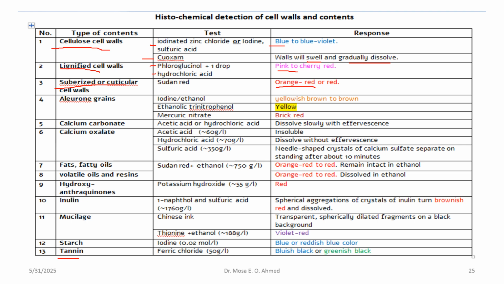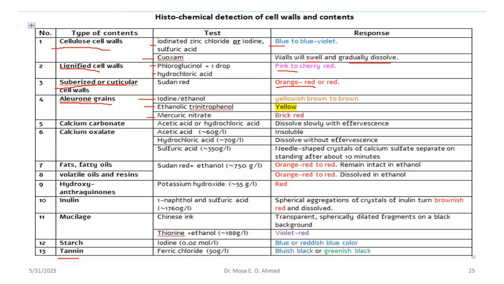Aleurone grains, or protein storage vacuoles that contain protein, can be tested by three different tests, either by iodine ethanol, ethanol trinitrophenol, or mercuric nitrate.